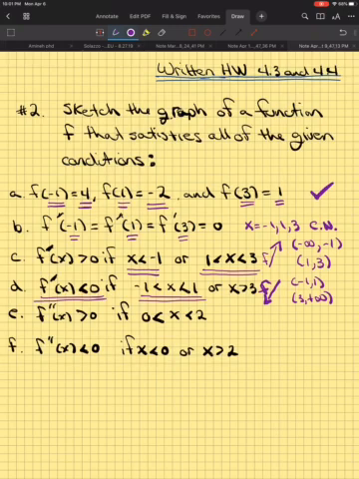And letter E and letter F tell us concavity. When the second derivative is positive, the function has to be concave up, and this is the interval 0, 2. And when the second derivative is negative, the graph of the original function must be concave down.